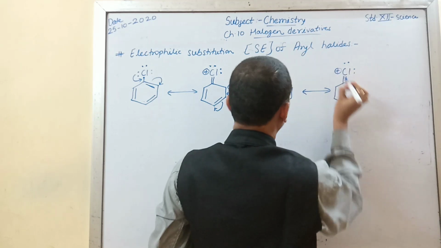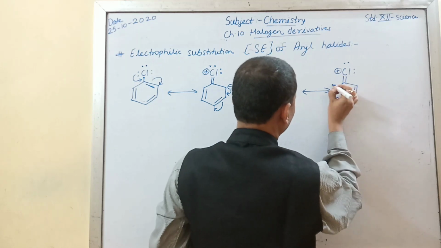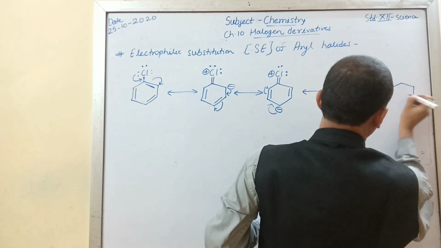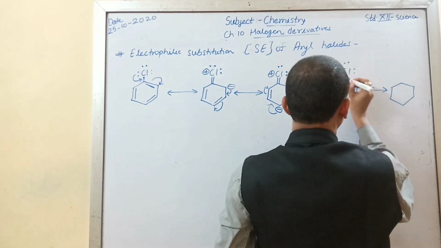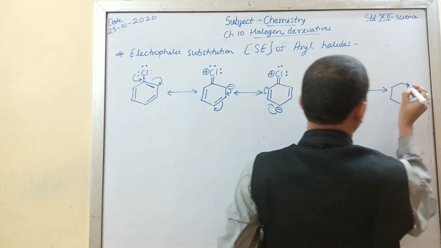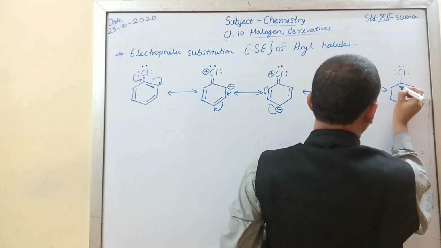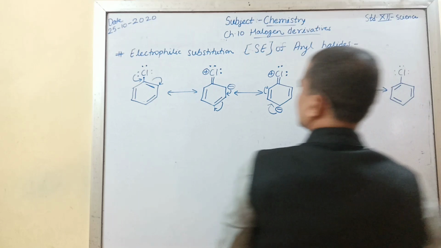See again next. Chlorine, positive charge. What happens here? This bond will form. Here you get a negative charge. Again see. This goes here and this goes again here. So you get chlorine again. Here you get a bond. Now see.